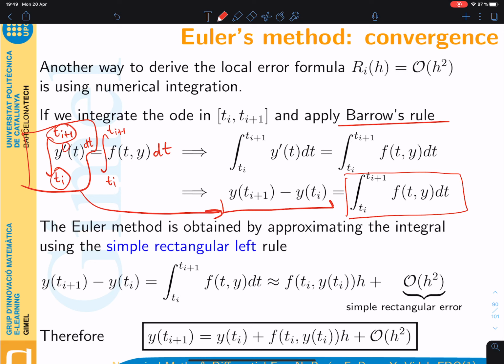In the case of Euler method, this is exactly the same as using, to approximate this integral, the simple rectangular left rule. I think it's one of the simpler rules we saw.